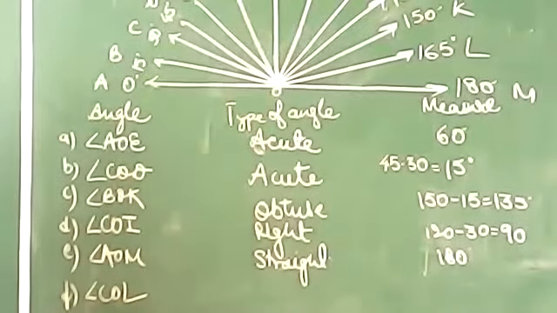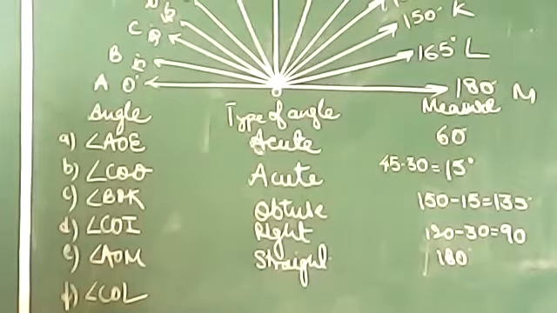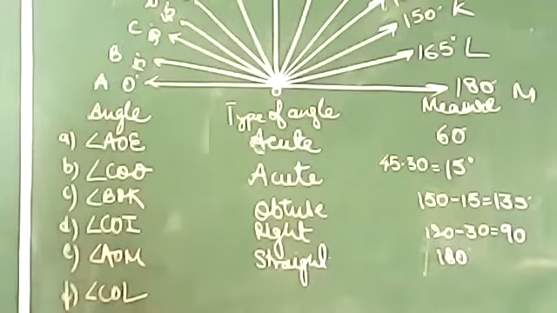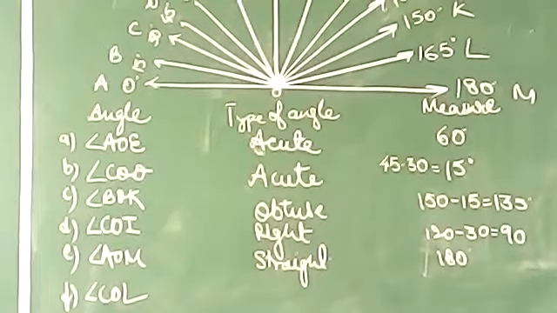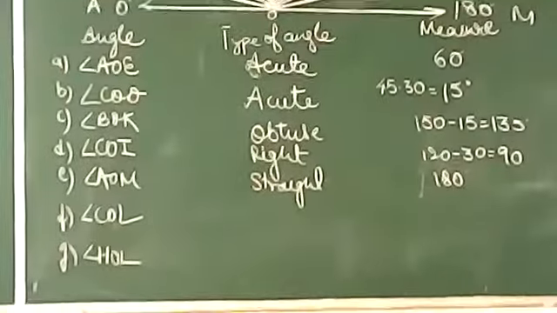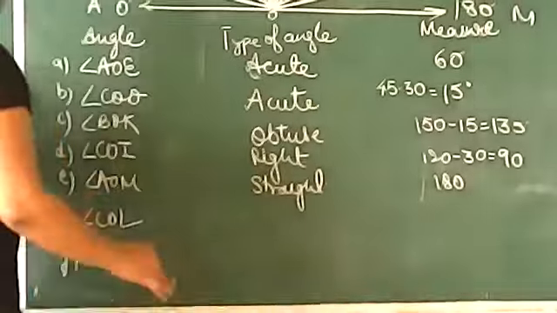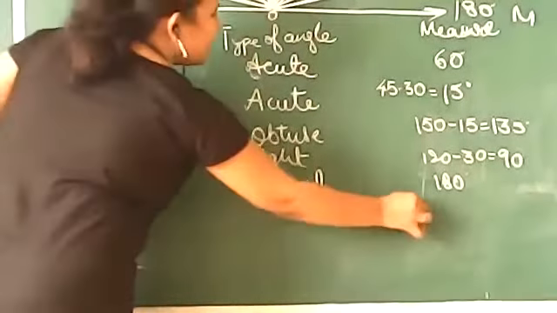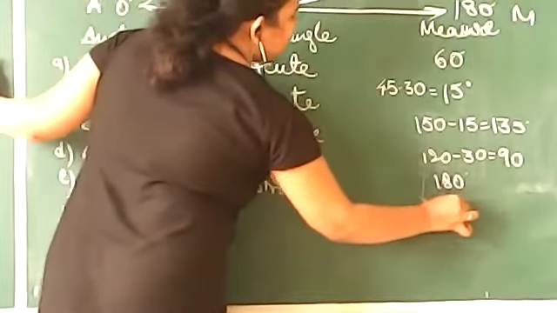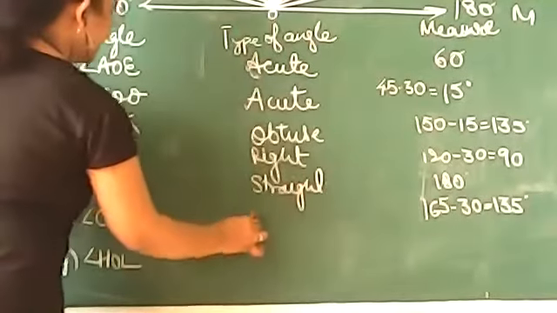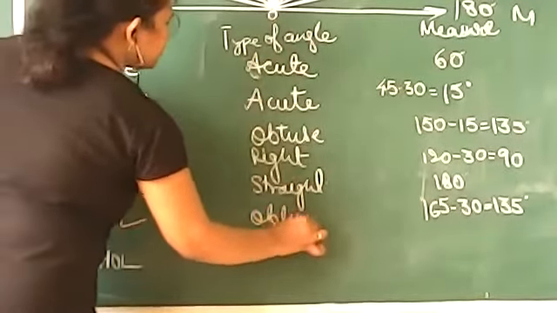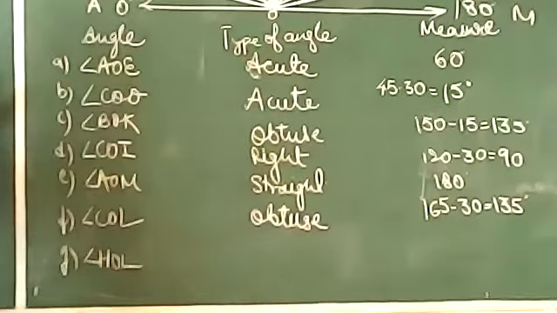Now the last two. COL. C is 30 degrees, L means 165. So 165 minus 30, which you will get as 135 degrees. So the answer would again be obtuse. Completed. Now last but not the least, HOL.